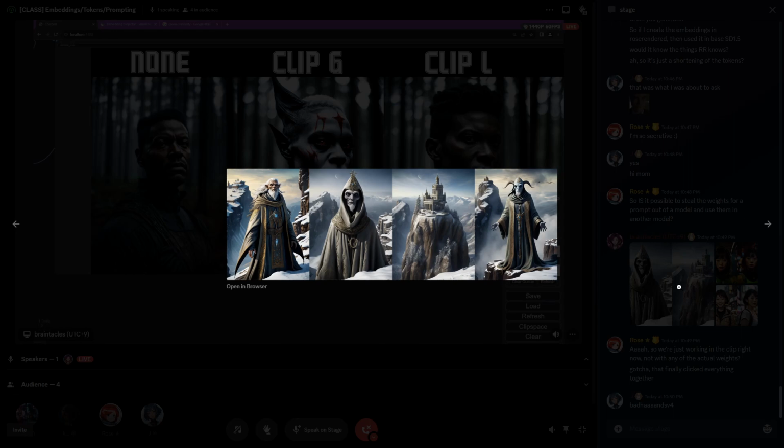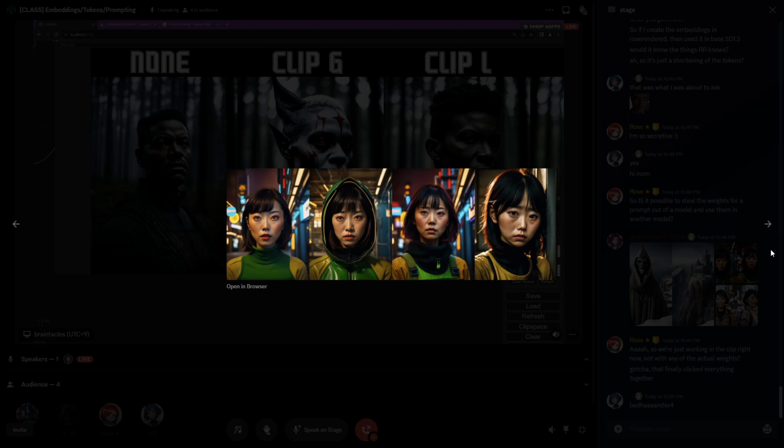The one where the girl is wearing a yellow and green shirt was a sad one. I did the sad and the happy textual embedding, just to have very simple concepts that are easy to visualize. It's unclear on the second and third picture, the sadness of it. The second one, she doesn't look happy, but it's not overwhelming.